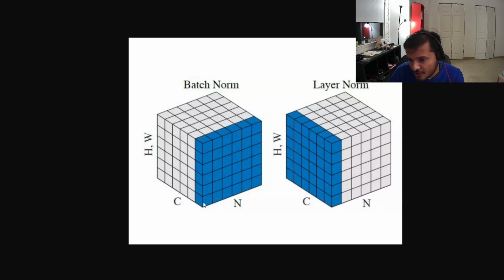Then each has 1, 2, 3, 4, 5, 6 channels. And now I have unrolled the h and w dimension as one single dimension. So don't worry about it. So h times w is 1, 2, 3, 4, 5, 6. So the spatials have been combined together and there are like 6 of them. So this is my spatial dimension, this is my channel, and this is batch.